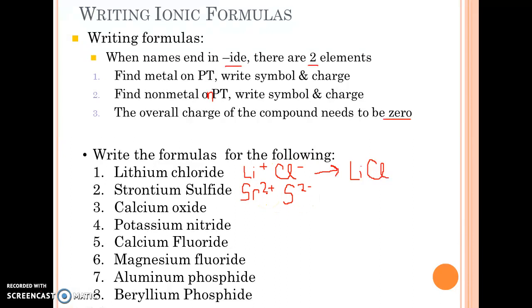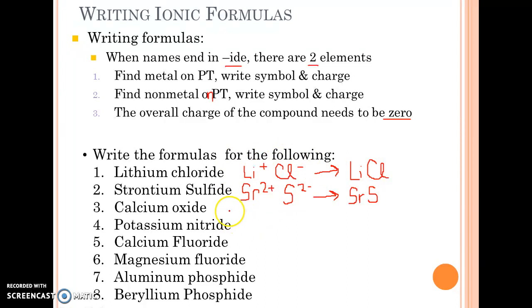I have +2, -2, which is convenient. They equal 0. So I have 1 atom of each. I have a strontium atom, Sr, and I have a sulfur atom, S. This is the chemical formula. Notice how in both my final answers here, I do not have charges written as superscripts. I only have them over here to show my work.